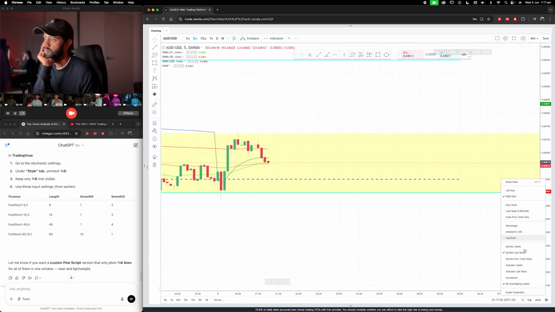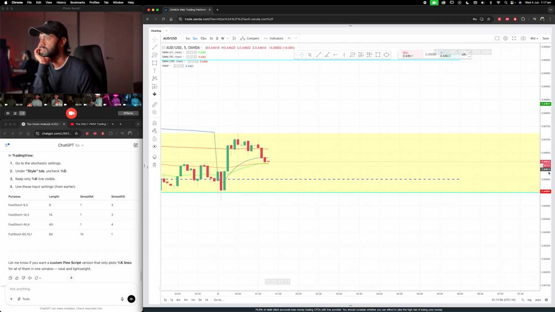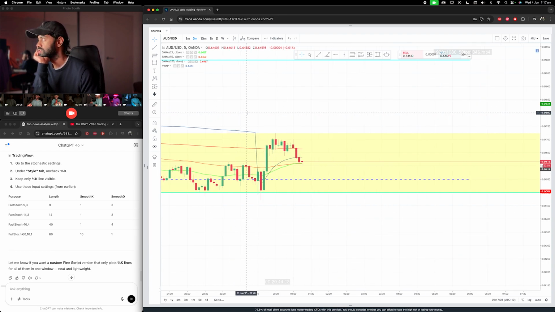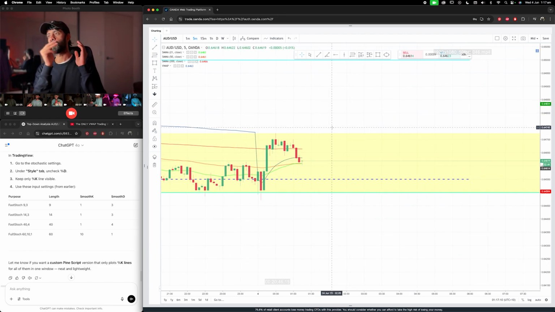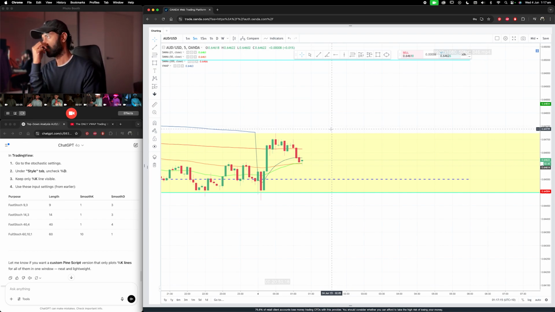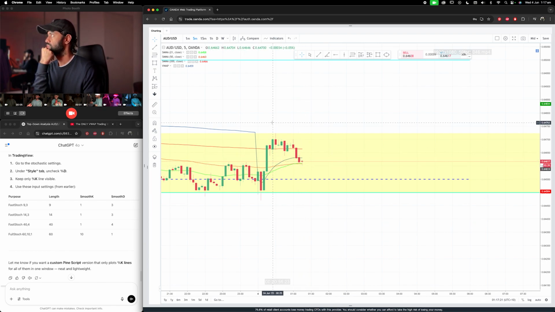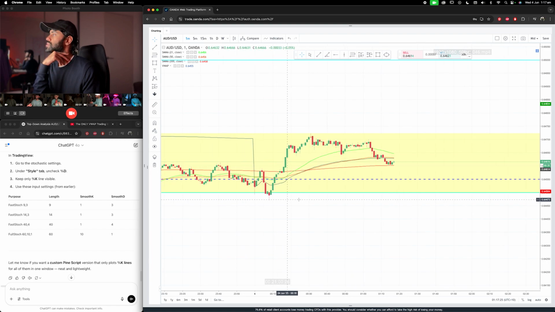Where's the time? Percentage countdown. Okay, that's 2 minutes to finish. So we always want to wait for the candle to close. We don't want to enter halfway through. So that is a good sign. It rejected going further down. Let's go down to 1 minute charts.